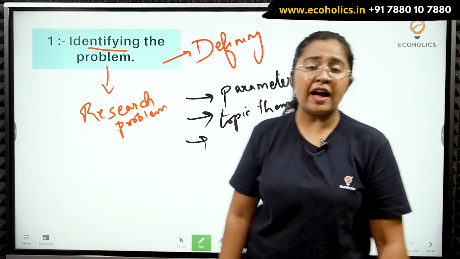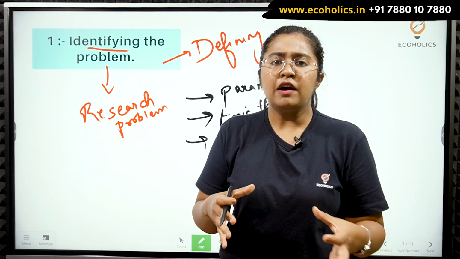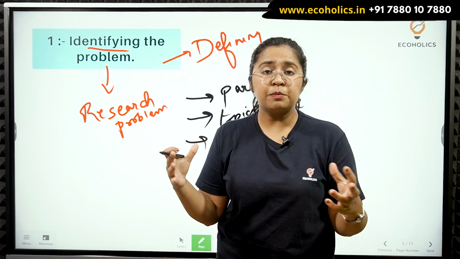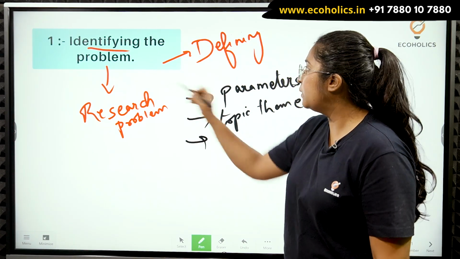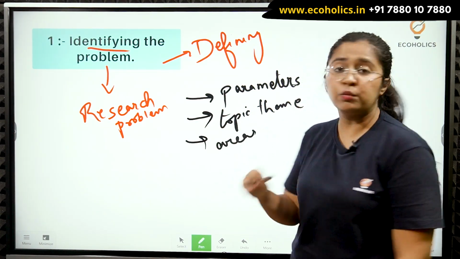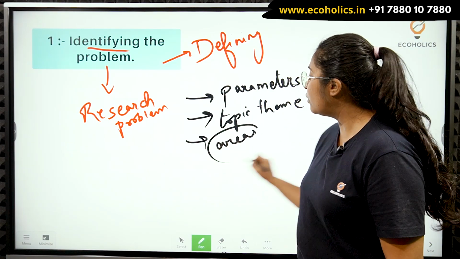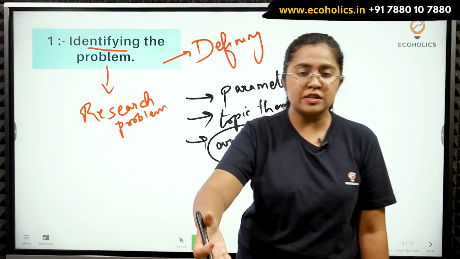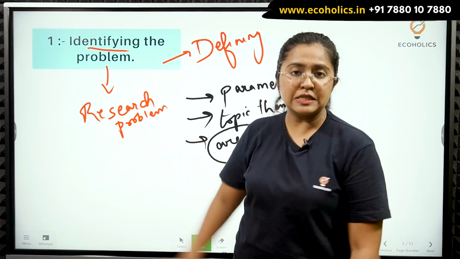You will also have the various types of research based areas. So you will also identify on what areas you will have to work. Okay, so you will narrow down these areas and then you will of course process your research problem.